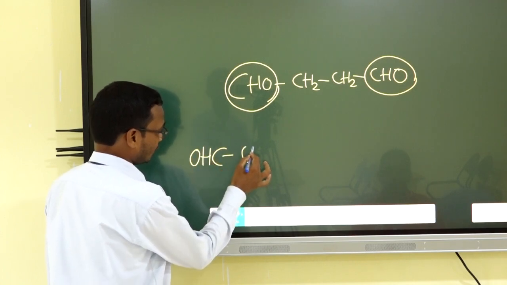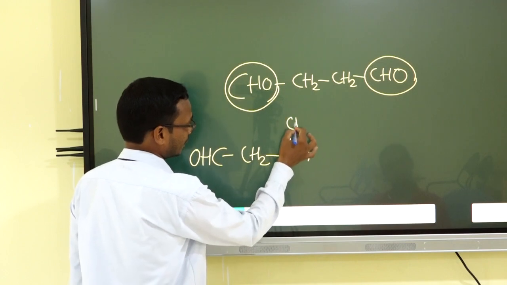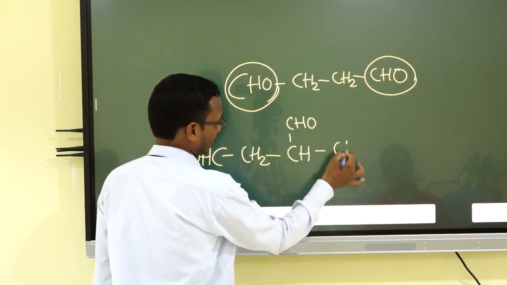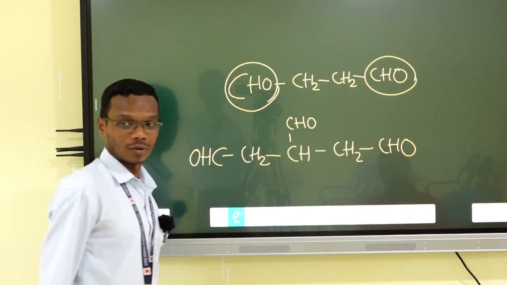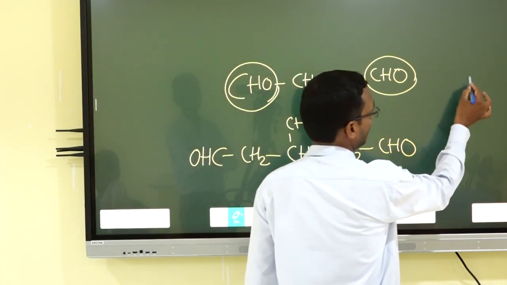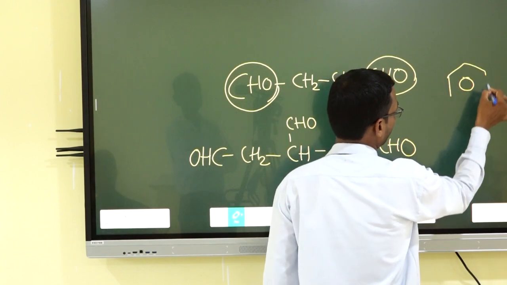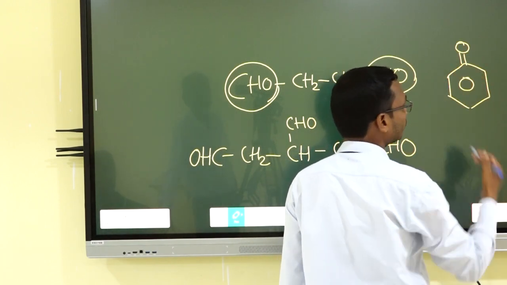CHO, CH2, CH, CHO, CH2, CHO. How to name this compound? Okay, there are compounds like this, double bond O. How to name this compound?